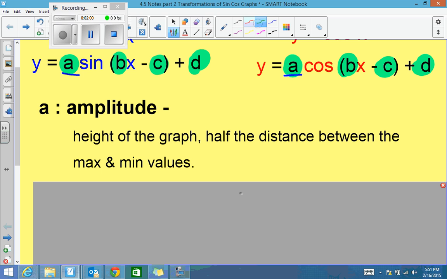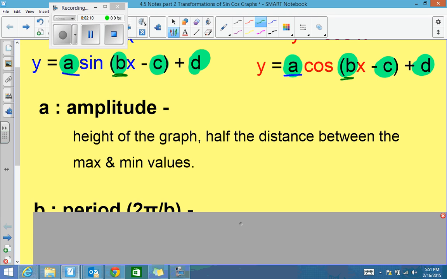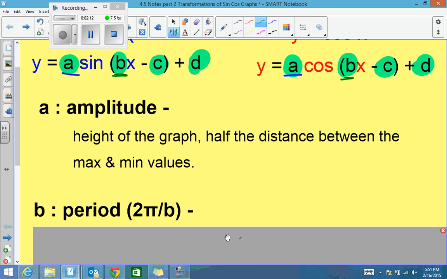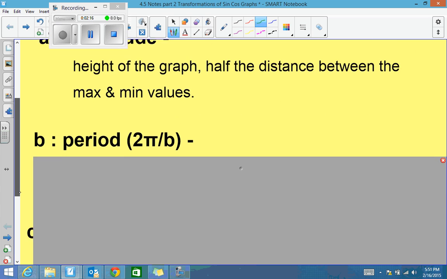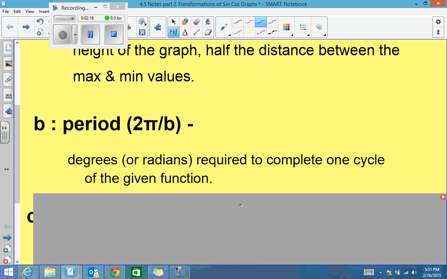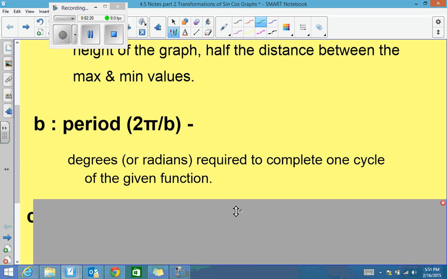If we put a value inside the function, parentheses, right in front of the x, that is the b value in this equation, and it affects the period of the graph. And just like we saw when we did our Twizzler activity, the definition of period is the degrees or radians required to complete one cycle of the given function.